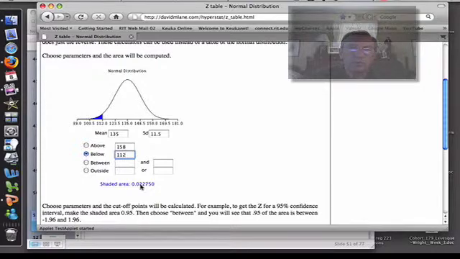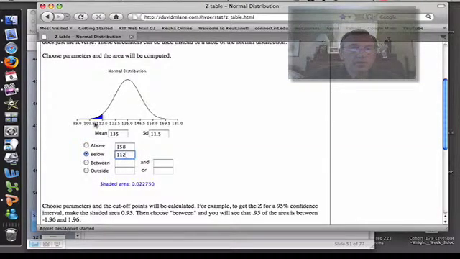So it would seem reasonable, because this is a mirror image from one side to the other, that the likelihood of getting a value less than 112 would be equal to the likelihood of getting a value greater than 158.